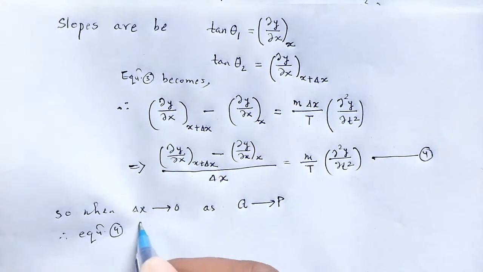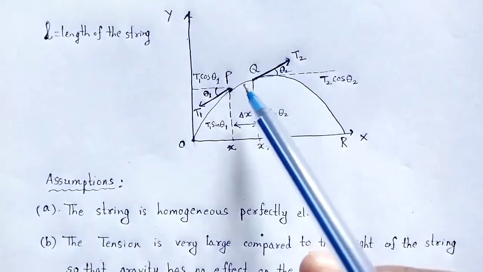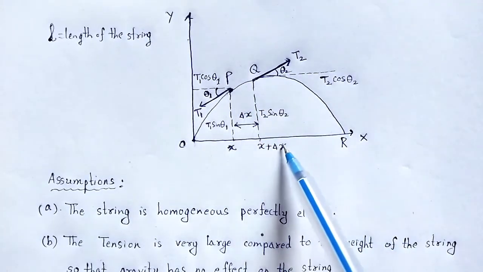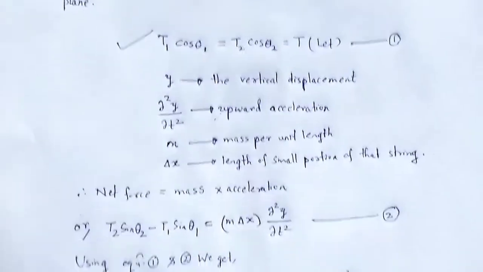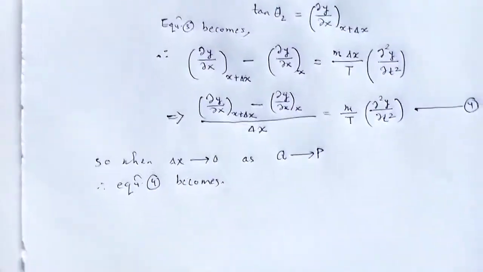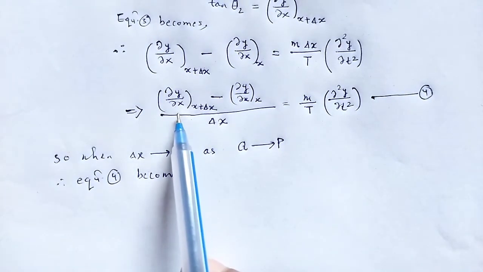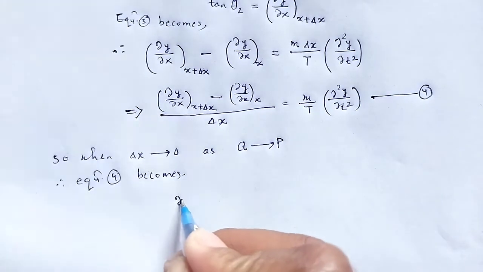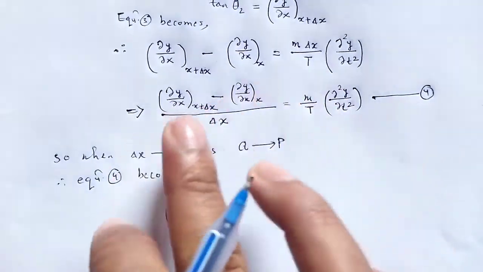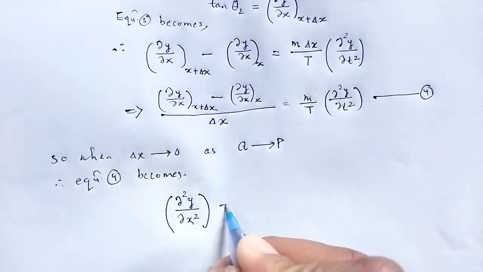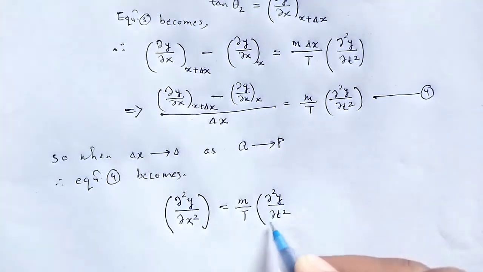Equation 4 then becomes the second order derivative del 2y by del x2 equals m by T del 2y by del t2.